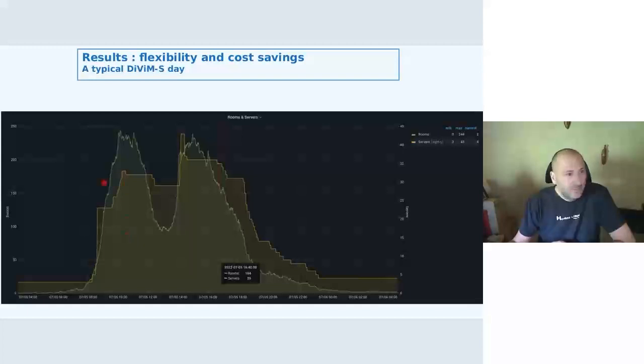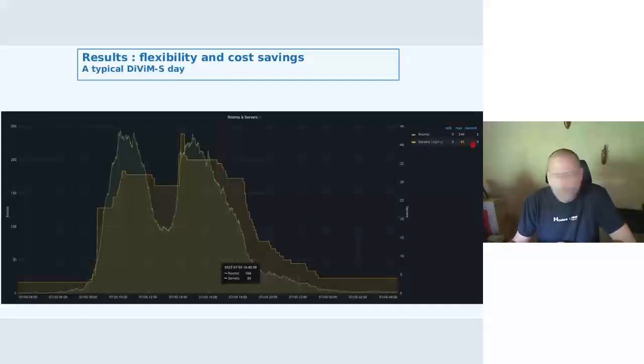So you can see on the diagram the evolution of the number of active conferences, the green line, excuse me, this is the rooms here. The minimum is 0 and it goes up to 244. The scale is on the left. And the number of active BigBlueButton servers is this yellow line here.